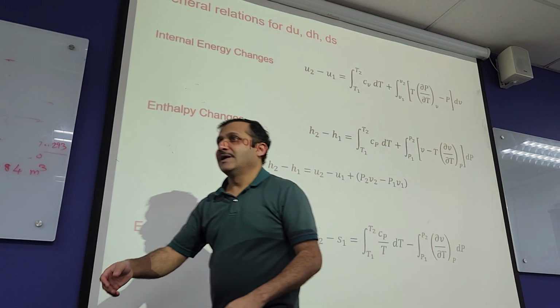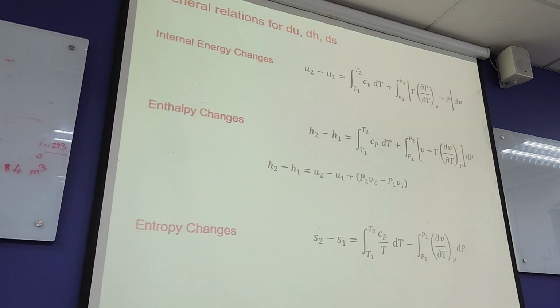So I will give you an equation, for example. I will say CP equals X plus Y T. That's the equation. Okay? And where X and Y are constants. Or rather than saying X, let's say C1 plus C2 times T.